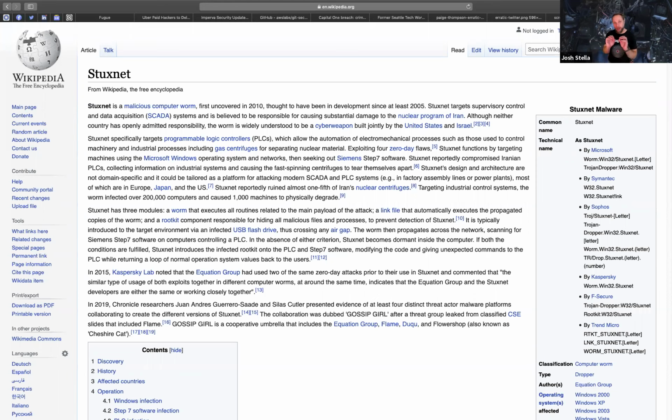And then it instantiated a low, slow worm that would look for computers. It was based on Windows, but you could do the same thing on other operating systems. It looked for computers that had a certain application written by Siemens that was designed to interface to SCADA, and then they would just wobble the centrifuges.